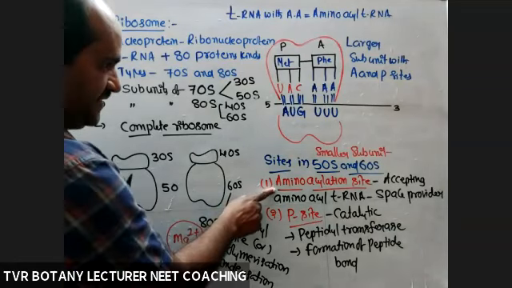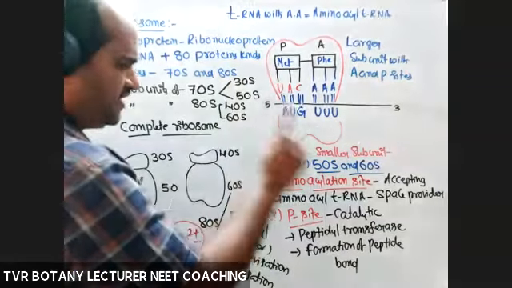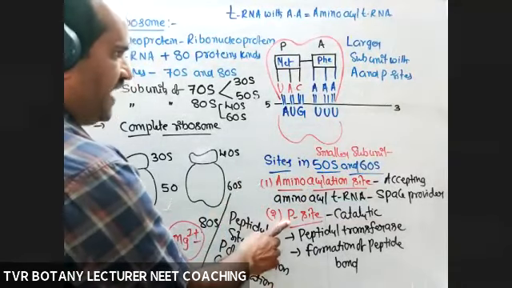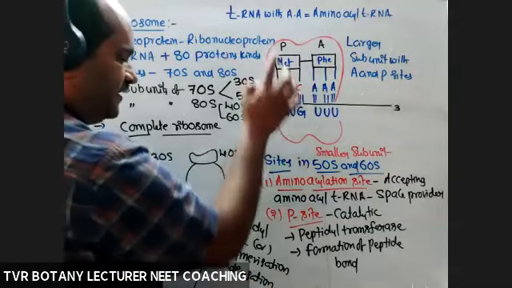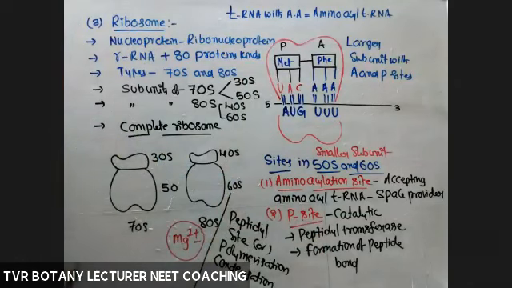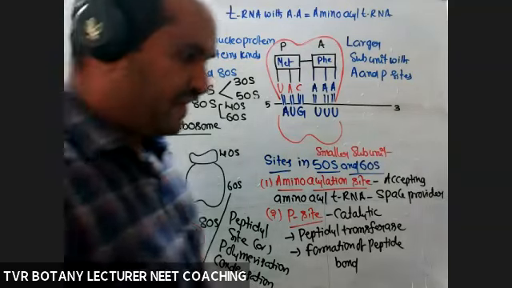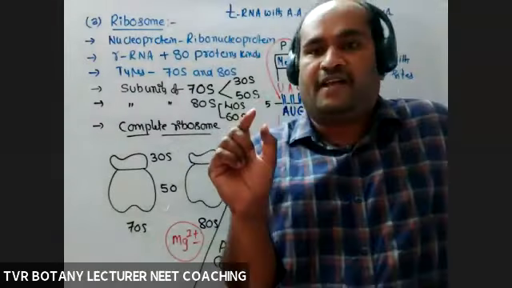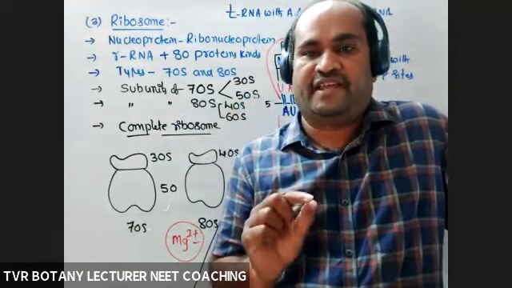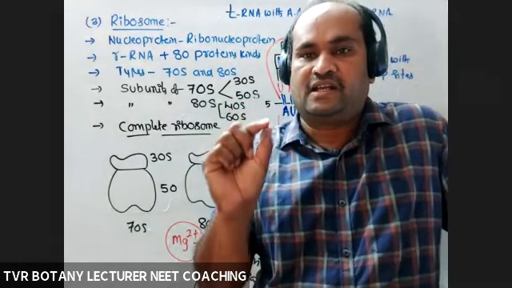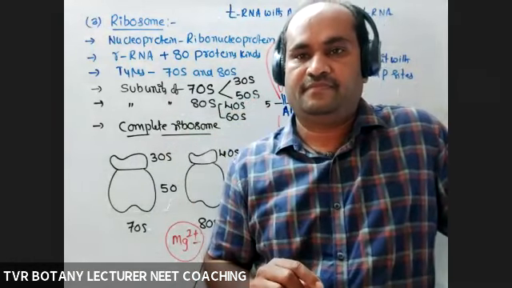So the A site is a space provider only. The P site is a space provider and catalytic also, concerned with the formation of peptide bond. So the enzyme required for peptide bond formation is peptidyl transferase.